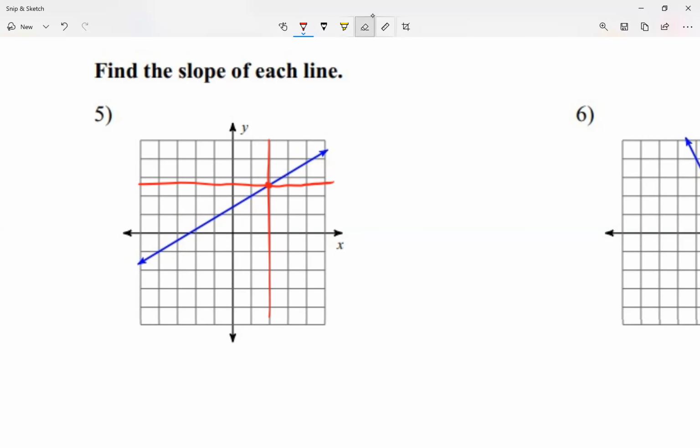Now, so the points that I can use are points where I can see the x value and the y value. Now, my choices, I could choose this point. You guys see the x value. I could find the x value is -4. I could find the y value is -1. So that's a good point. Another good point will be this one.